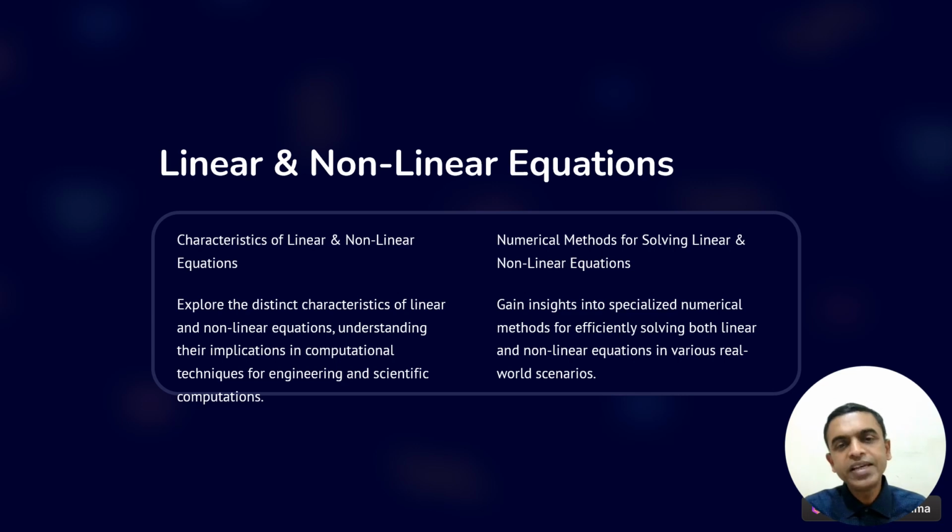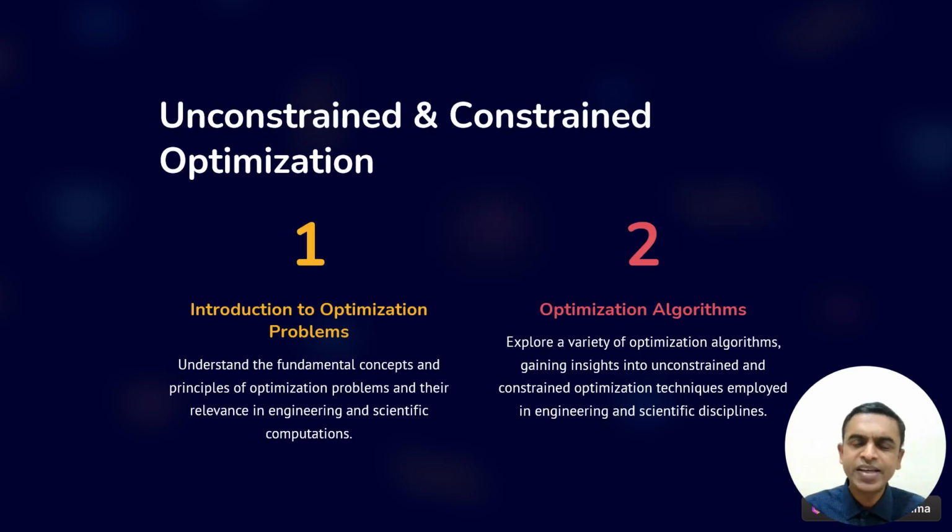Then we come to linear and non-linear equations. The solution of these non-linear equations is quite tricky, but very useful and easy when you utilize the software and the programming language. Next we come to the topic of optimization. You know life is always a trade-off between one over the other. Similarly in engineering, you have one variable trading off with another.